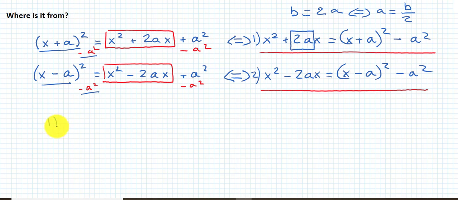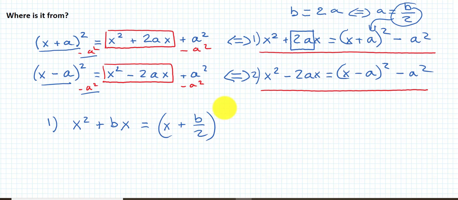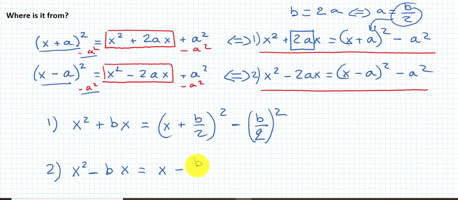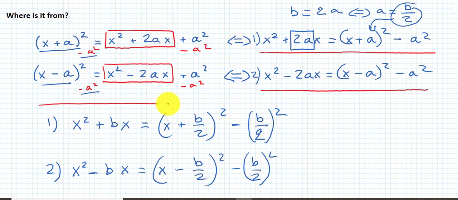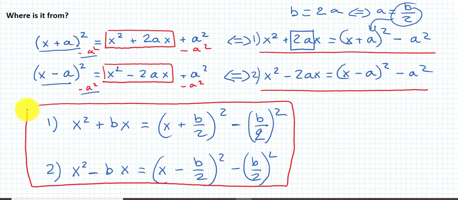The first one becomes x squared plus bx equals (x plus b over 2) squared minus (b over 2) squared. And the second one becomes x squared minus bx equals (x minus b over 2) squared minus (b over 2) squared. So that's it. These are the formulas that you use to complete the square.